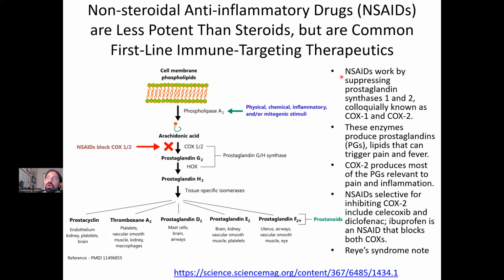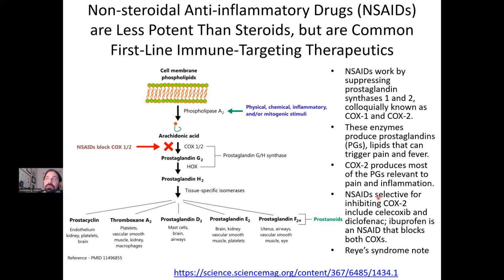So the NSAIDs work by suppressing prostaglandin synthetases 1 and 2 that are also colloquially known as cyclooxygenase 1 and cyclooxygenase 2. So these enzymes are producing prostaglandins, and these lipids can trigger pain and fever. So COX-2 produces most of the prostaglandins that are relevant to pain and inflammation.